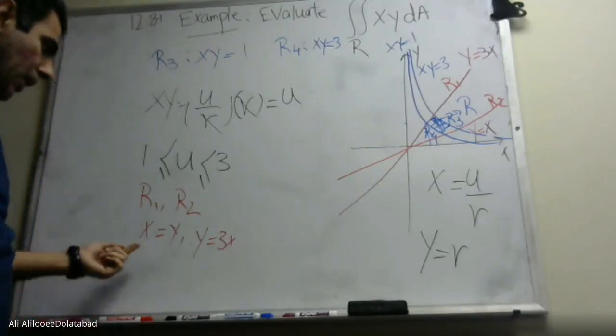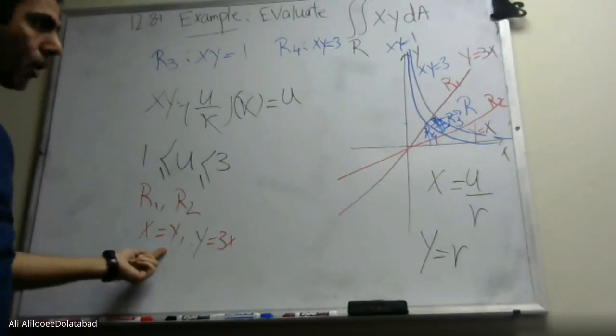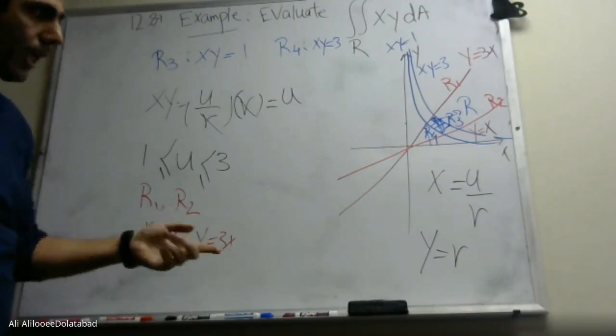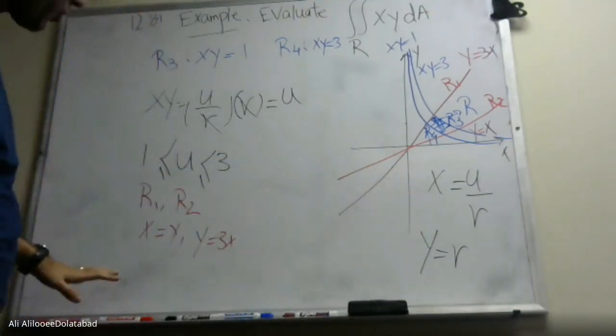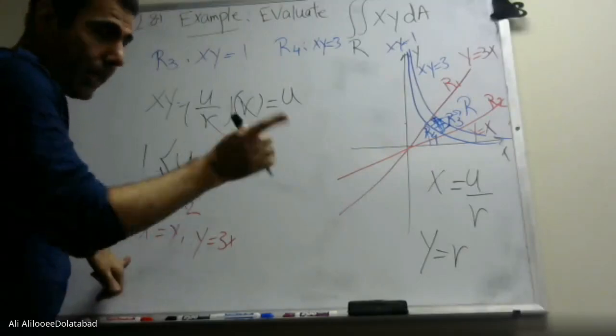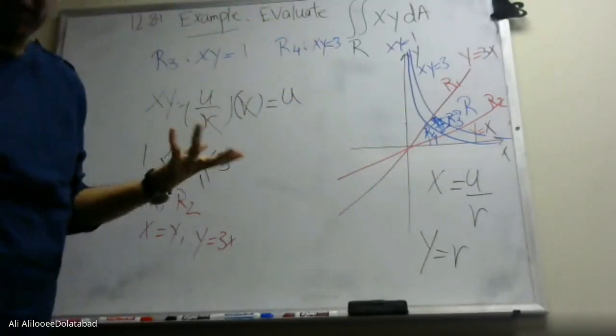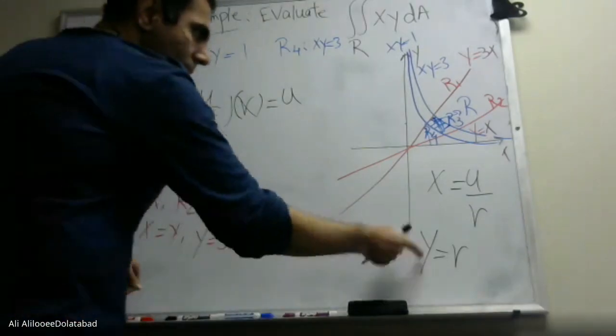So you have x equal y, right? And you have y equal 3x. I will use this because my goal is to convert these bounds into bounds in terms of u and v.